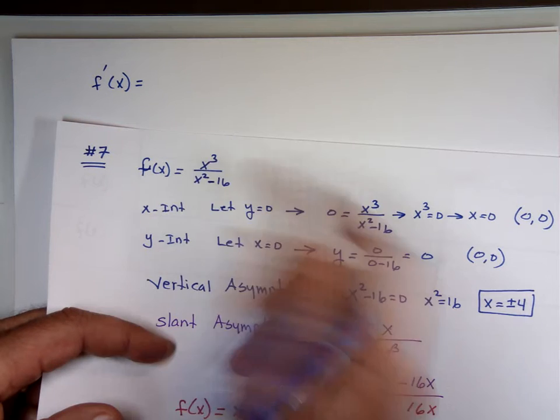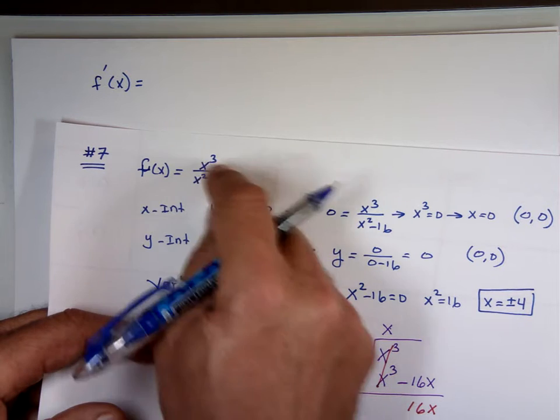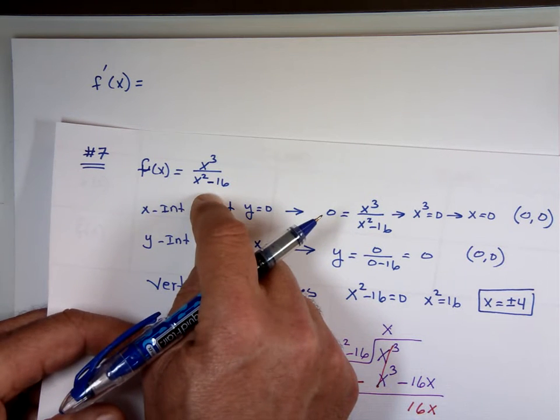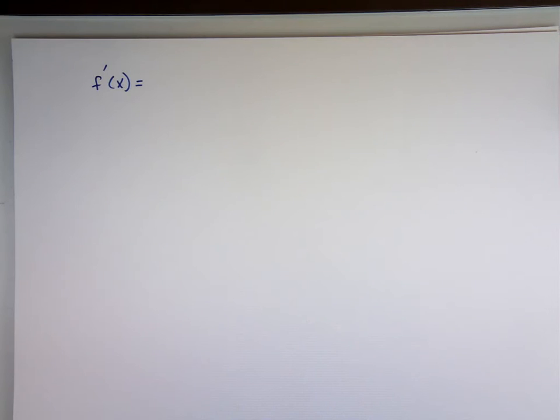Quotient rule. The bottom times the derivative of the top minus the top times the derivative of the bottom divided by what? The bottom squared. So if you did that, your answer should be, let me just write that, x to the third divided by x squared minus the 16, and I want the derivative of that.